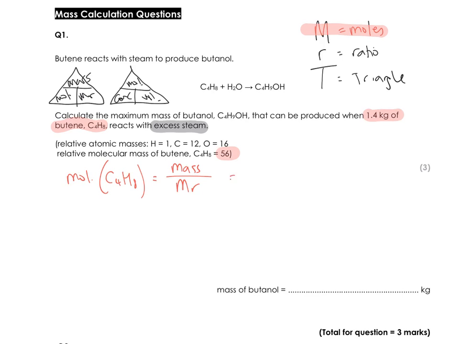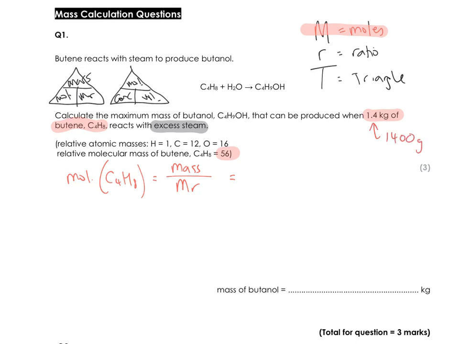So that will equal not 1.4, because this 56 here is in grams per mole. So 1 mole of butene will weigh 56 grams. So if we're going to do this properly and work out the number of moles first, we've got to convert this into grams. So this equals 1400 grams.